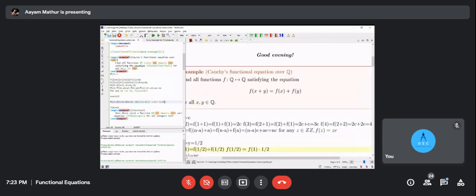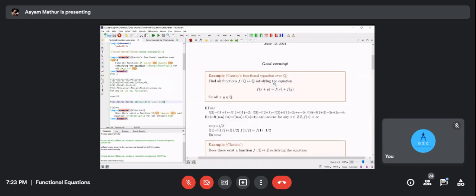And so now you see this, and basically the idea for any rational number is very clear now, right?